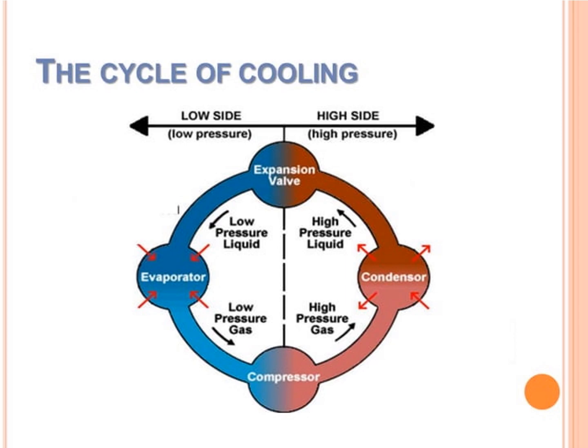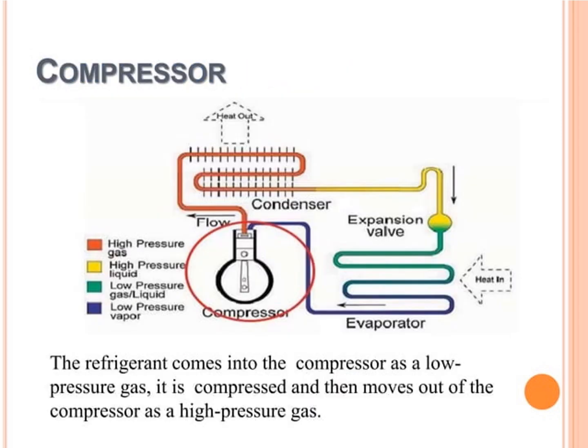So from the condenser part to the evaporator part, this is the cyclic process of cooling done in the refrigeration system.